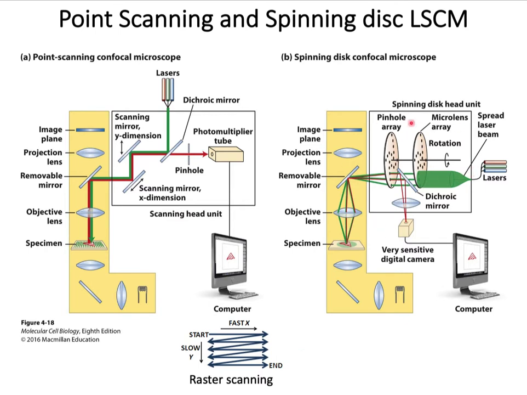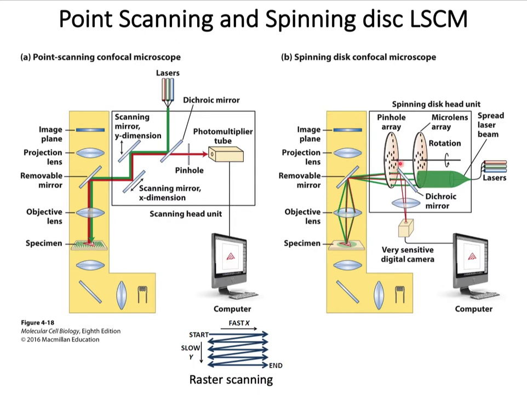The spinning disk confocal microscope shown on the right is used to observe fast dynamic events in a cell, which the point scanning microscope can't capture. In spinning disk confocal microscopy, the light path from the laser is spread to illuminate pinholes on the coupled spinning disks, the first consisting of micro lenses to focus the light on pinholes in the second disk.